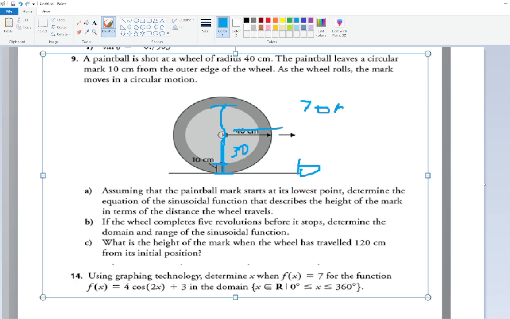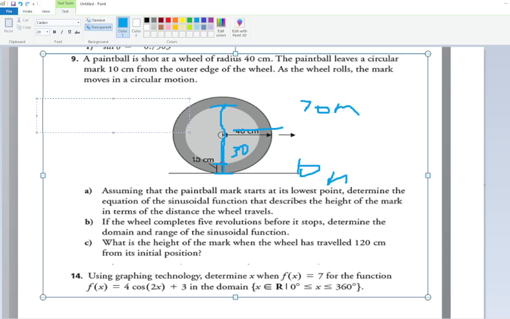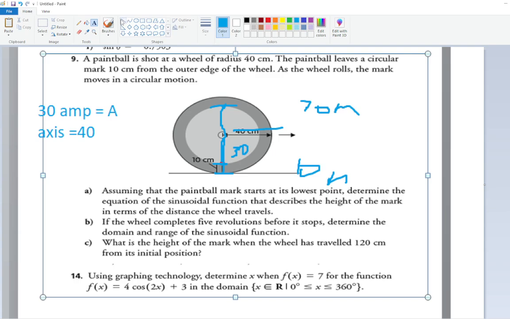So now we have our max and our min, which means my amplitude is going to be 70 minus 10 divided by 2, which is 60 divided by 2, which is 30. 30 is amplitude, and it's also my A value. My axis is going to be max plus min divided by 2, which is 80 divided by 2, which is 40, which makes sense because the axis of this wheel is 40 centimeters off the ground.